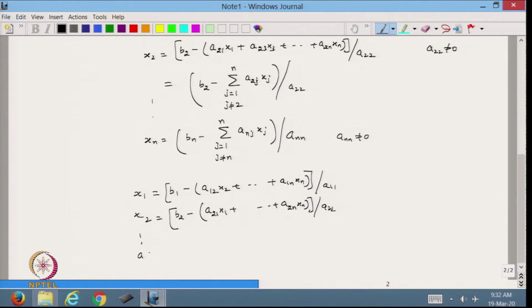And in the last I will write xn is equal to bn minus an1 x1 up to an,n-1 xn-1, divided by ann.